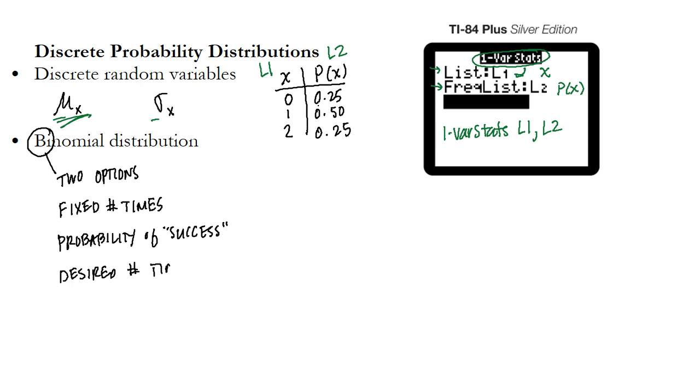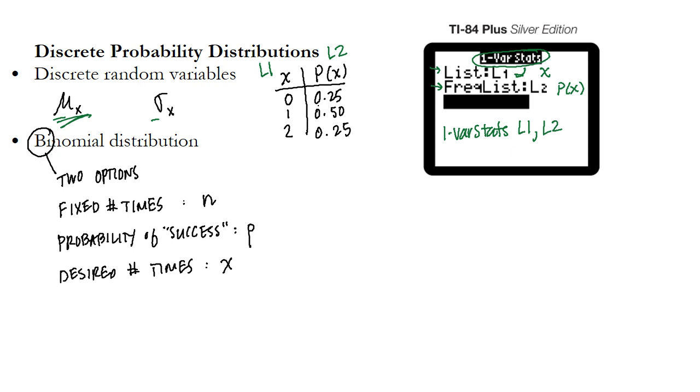So the fixed number, the number of times you run the experiment, is n, the probability of success is p, and the desired number of times that this thing has a success is x. Those are the important variables in the binomial distribution problems.